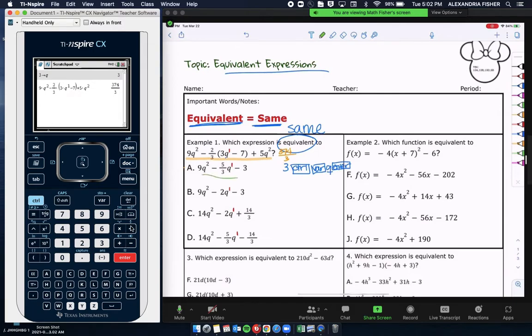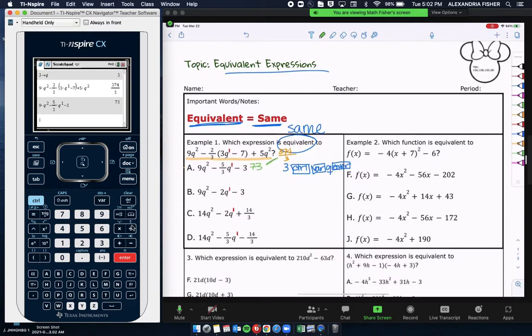So now we're going to do A. We're going to try A. So I'm going to do 9q squared minus control divide 5 over 3 q, put that 1 on top, minus 3, enter. And it gave me 73.